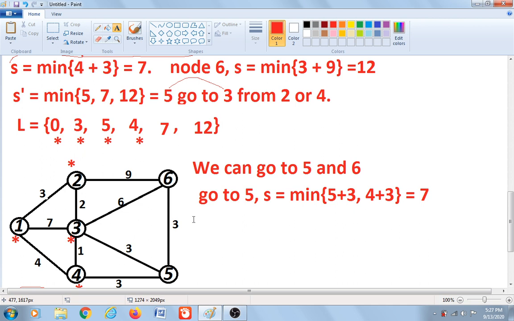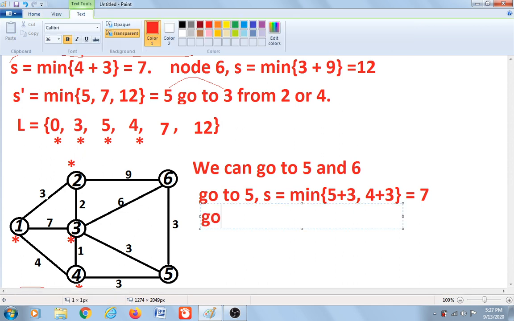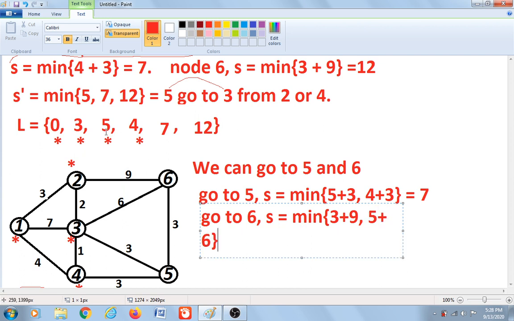And then we're gonna continue, go to 6. Okay, so s will be the minimum of, let's see, we can go from 2 and from 3. From 2 the distance is 9, and for 2 here we have 3, so 3 plus 9, and from 3 the distance is 6, and for 3 here we have 5, so 5 plus 6, and therefore we have 11.